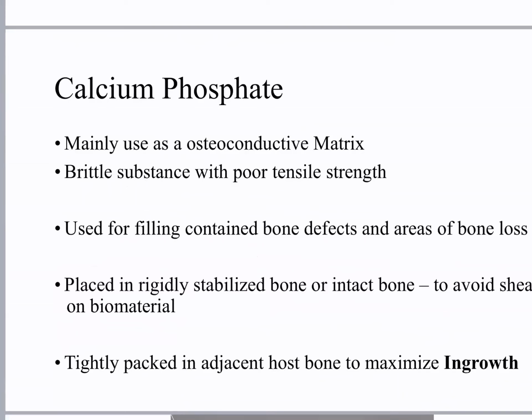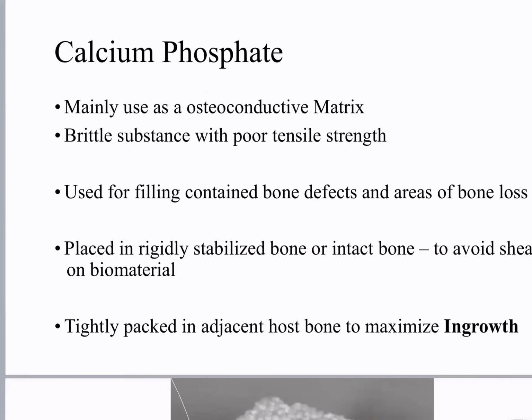Going into calcium phosphate, it's mainly used as an osteoconductive matrix. It's a very brittle substance with poor tensile strength. It's used for filling contained bone defects and areas of bone loss. You place it in rigid stabilized bone or intact bone to avoid shear on the biomaterial, and it is also tightly packed in adjacent host bone to maximize ingrowth of new bone.